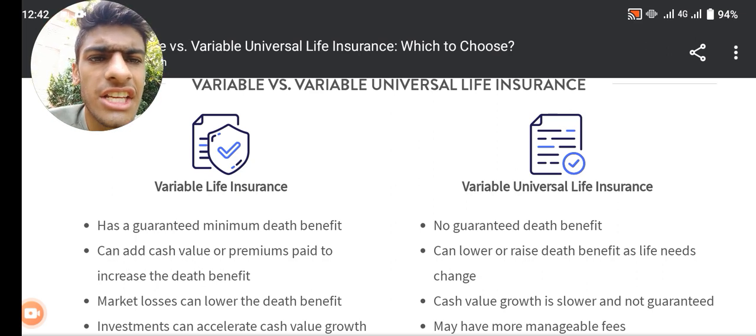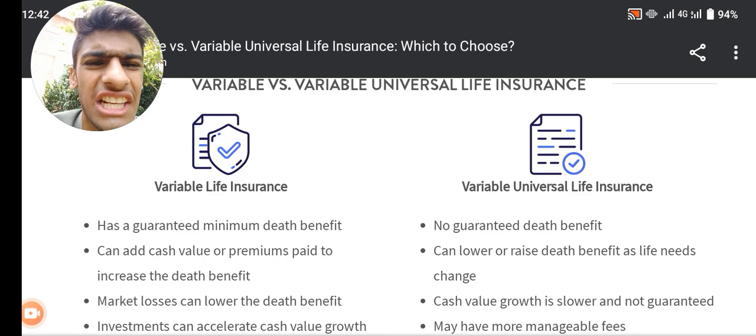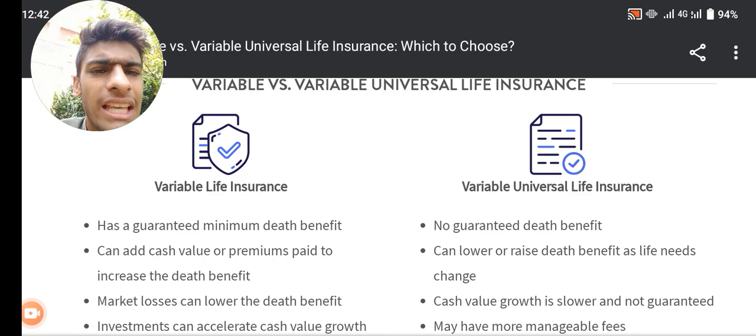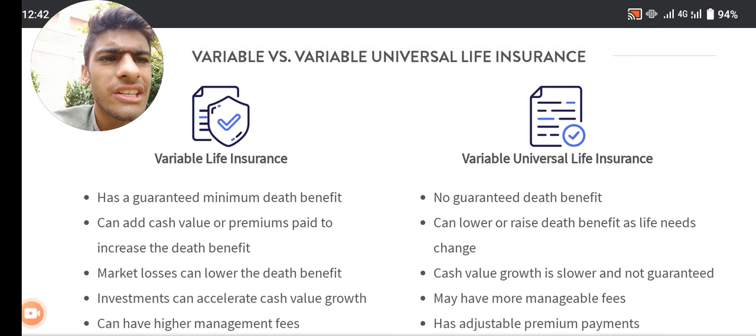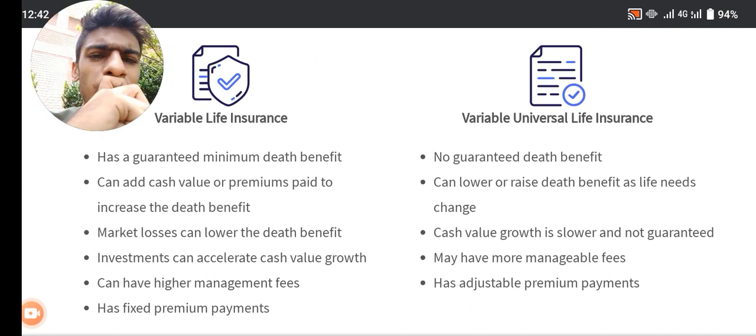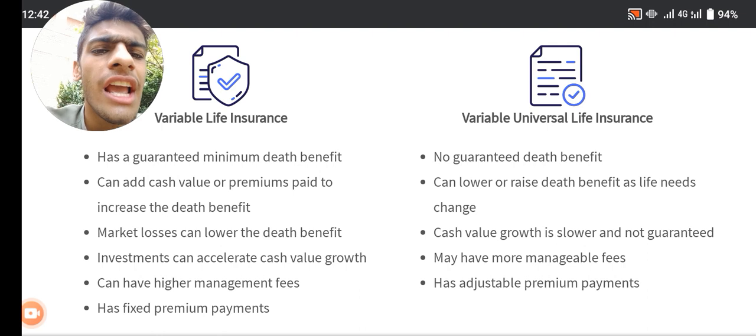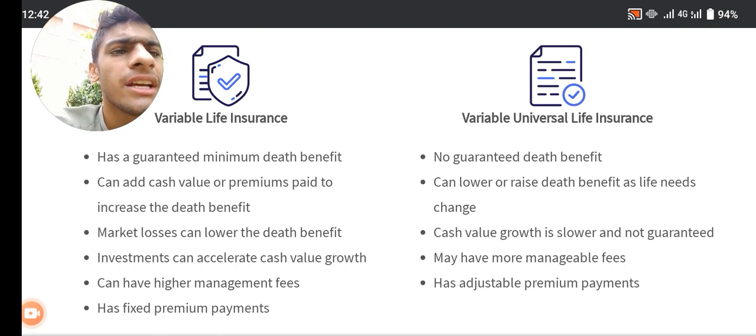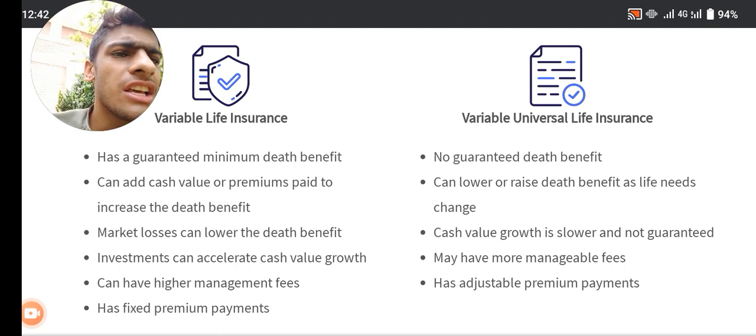You can add cash value from the premiums paid, increasing your death benefit, though the loss of your low death benefit makes investment management a factor. You can grow the value, but there is a high management fee, fixed premium payments, and no guaranteed death benefit.